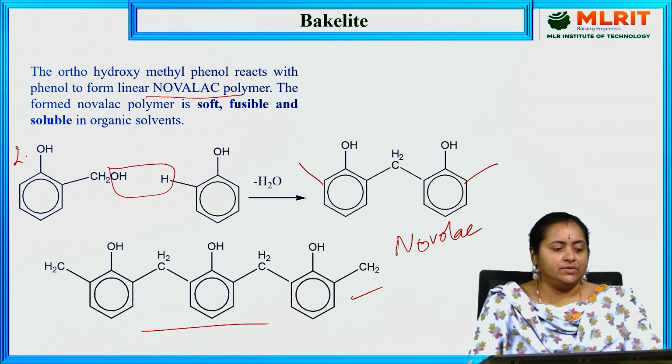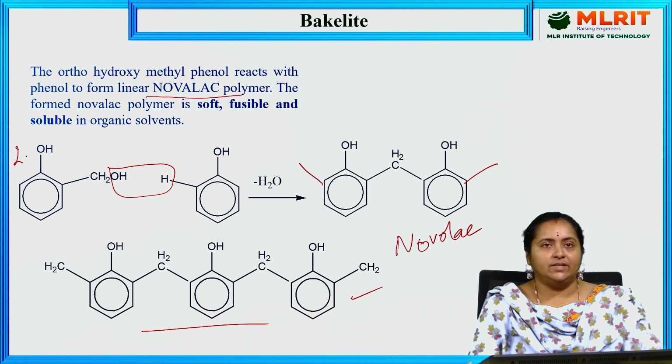This produced Novolac has properties like being highly soft in nature, it is fusible, that means it easily mixes with other types of compounds, and it is also soluble in organic solvents.